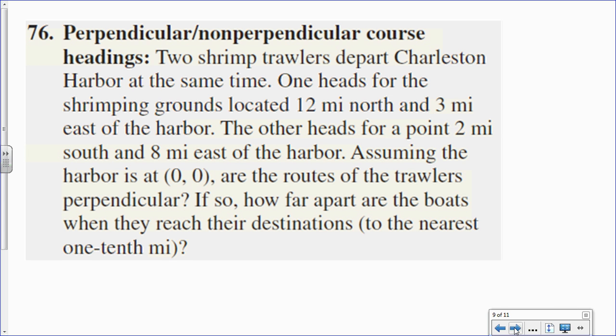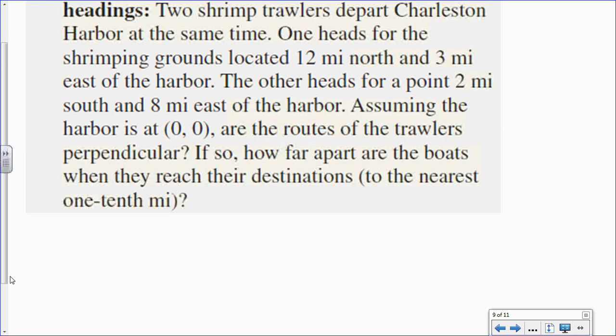Anytime you're given directions, you want to graph those. So I'm going to draw a coordinate plane here, and I'm just sketching. So I know the harbor is here at 0, 0.